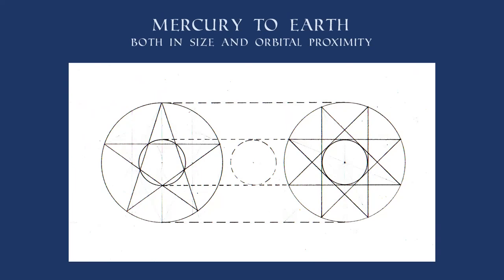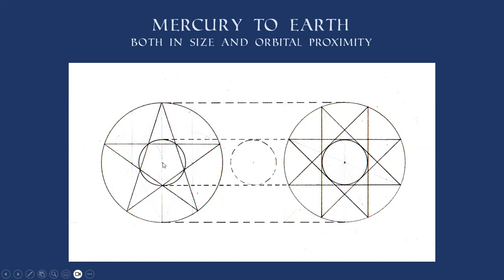But in this particular instance, what we're going to look at is how this is also, if you were to look at Mercury and Earth in terms of their sizes, then this is their size difference. So if this is Mercury, this is Earth. But rather amazingly, if you were to look down on the orbital circles of Mercury and Earth and you regularized them so that they were their mean circle, then this would also be the orbital circle of Mercury, and this would be the orbital circle of Earth with the sun in the middle.